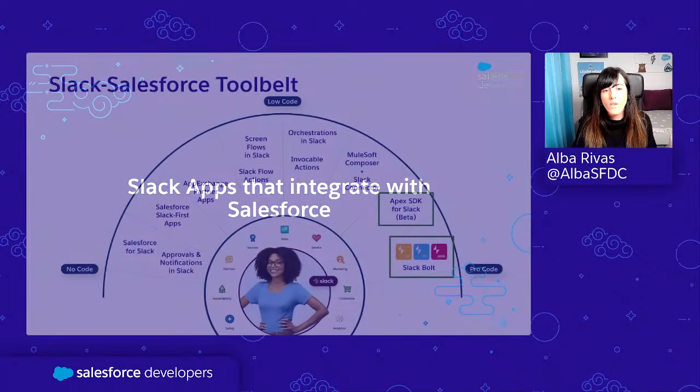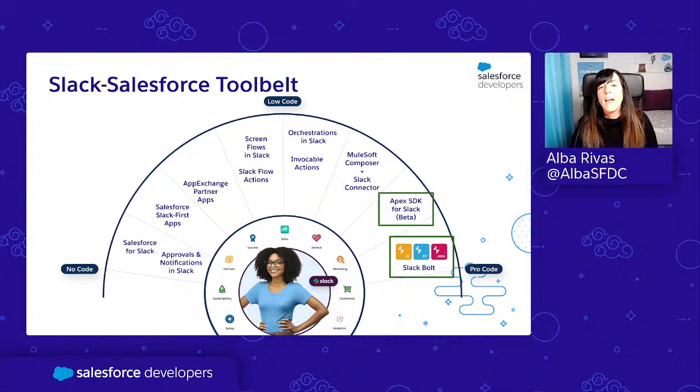So before the Apex SDK was available, there were some old methods that I'm not going to talk about in this codeLive. I'm going to talk just about one of the possibilities with which we could create Slack apps that integrate with Salesforce before the Apex SDK, and that is also an option now.